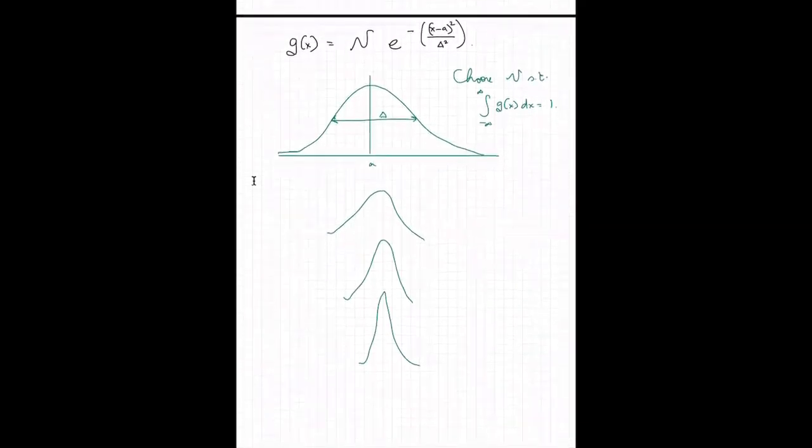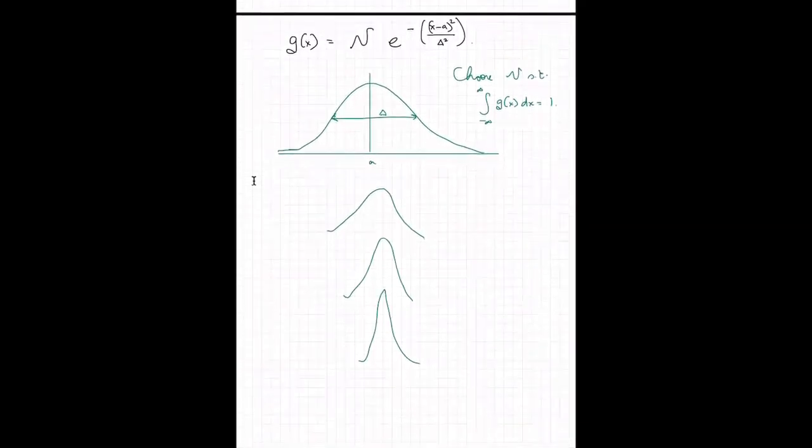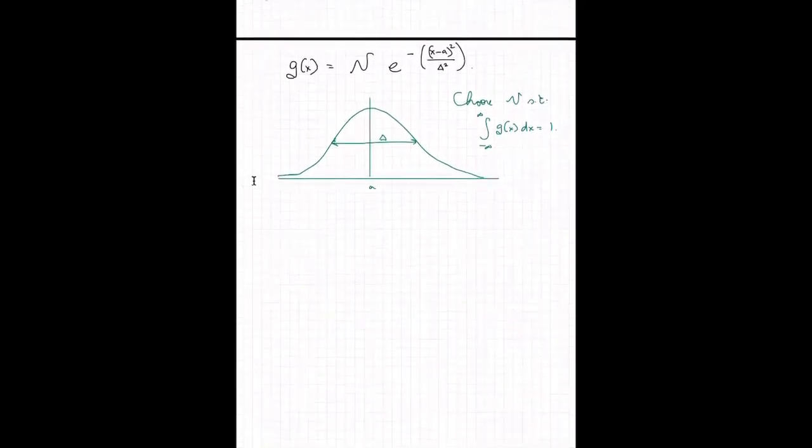In the limit that delta goes to 0, I can view this as the Dirac delta function. So g of x in the limit delta goes to 0 can be thought of as the delta function. Okay, that is one way in which you can visualize this delta function.